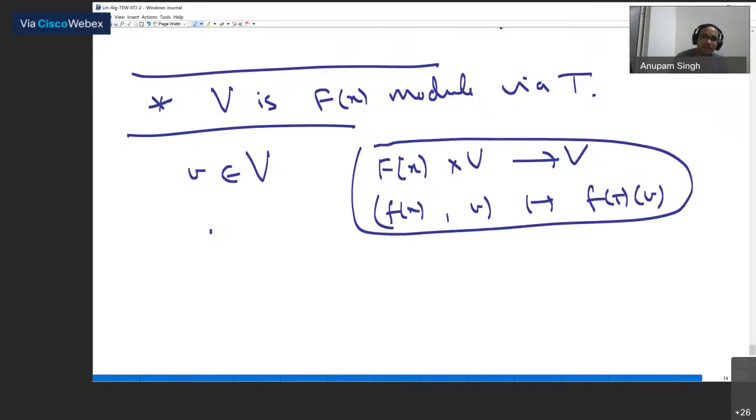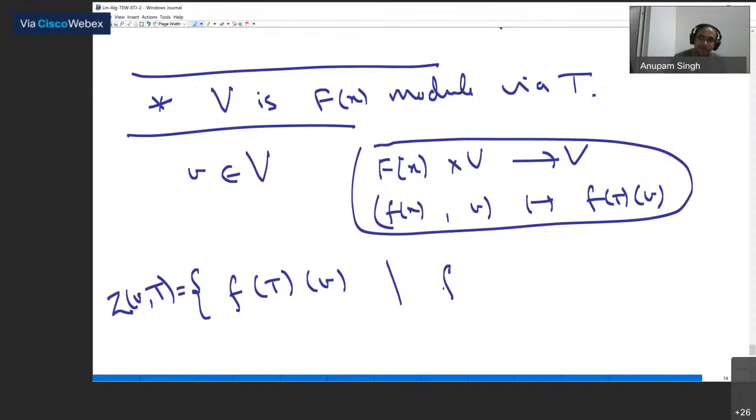Given a vector v in V, I'm going to define a subspace. Let's call this Z(v, T). This is the set of f(T) applied to v for any polynomial f(x) in F[x].